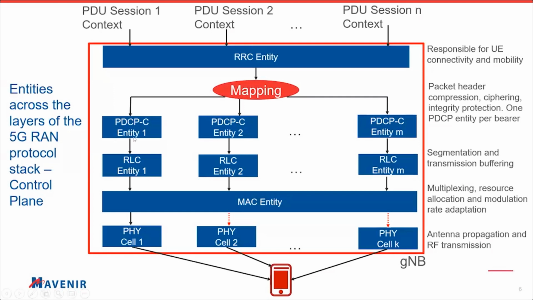And similarly, there is a one-to-one mapping with the RLC entities, and then they get multiplexed onto the MAC entity. And then for the MAC entity, transmission happens over the cells.